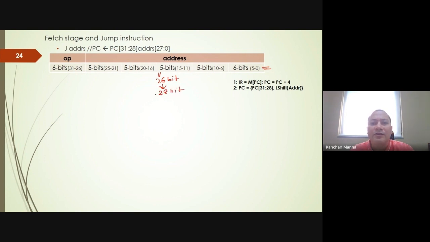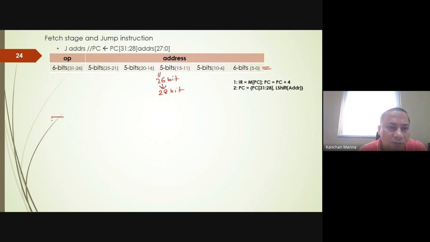Now how about the remaining 4 bits? We are concatenating with PC plus 4. And as we have this value, no need to perform sign extension, because we are putting 4 bits into the MSB part, and the PC's most significant bit would tell the sign. Got it?